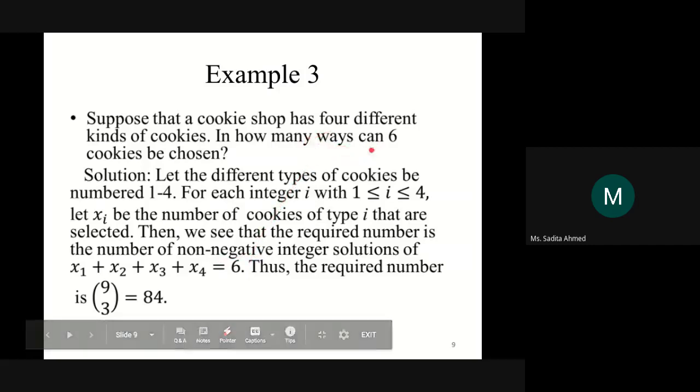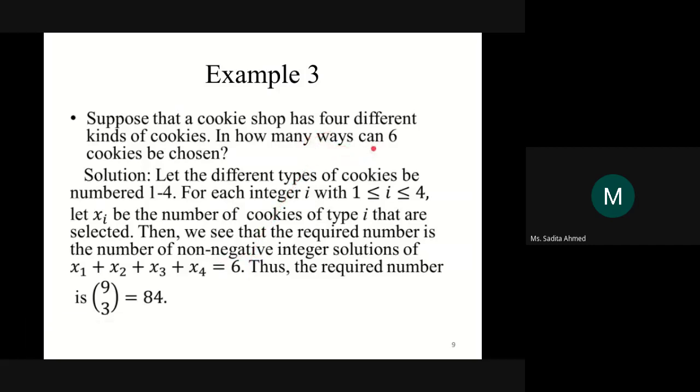When they told you that you have to choose 6 cookies, did they say anything about what type each of these 6 cookies should be? Do we know right at the start what type each of these cookies is going to be? No, we don't know that.